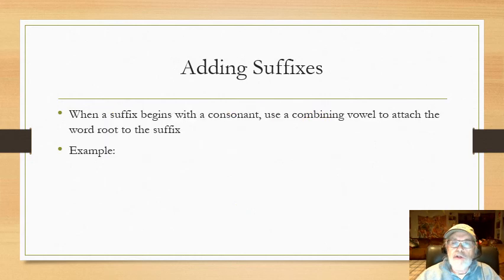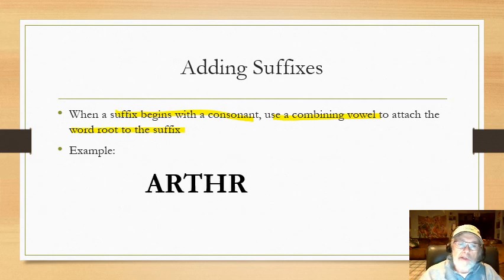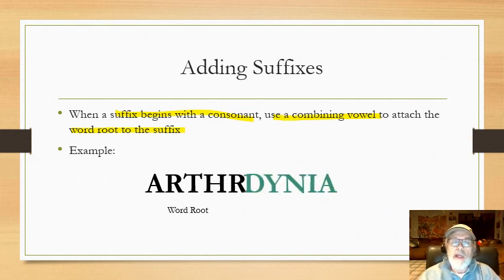So when the suffix begins with a consonant, use a combining vowel to connect the word root to the suffix. An example, a word we talked about before: arthr. Arthr means joint, so I know we have a word that has something to do with a joint. If I add the suffix from last time, dynia, which means pain, arthrdynia just doesn't sound right.